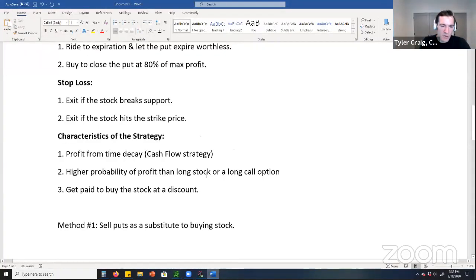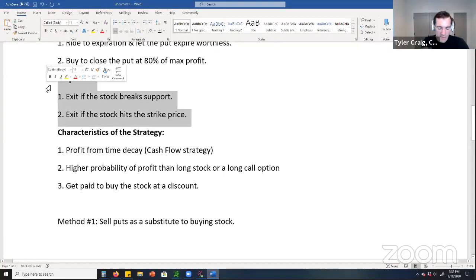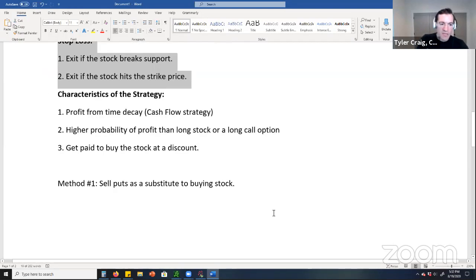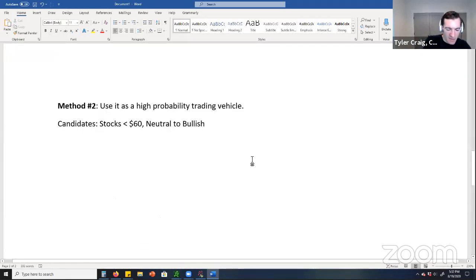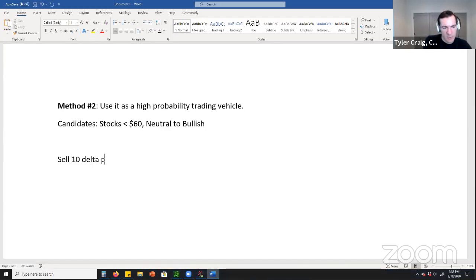Let's talk about that. So buying back at a certain delta would be if it's going against you. Okay, think about this for a second. Let's say I sell a 10 delta put. It's way out of the money. Well, I know if we reach the put strike, the delta is now 50.